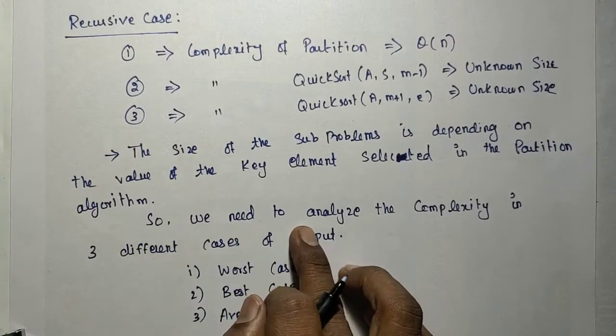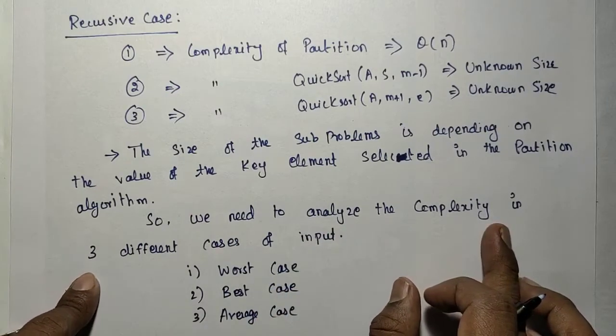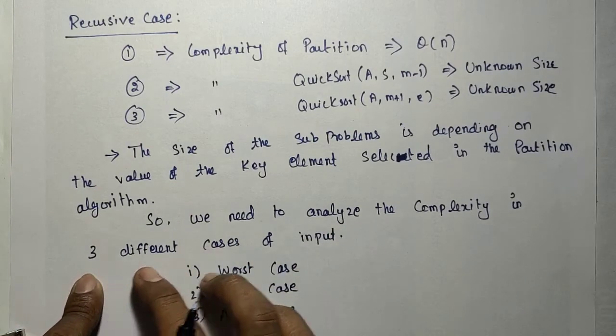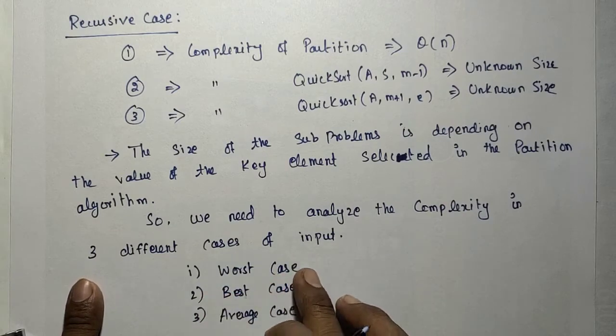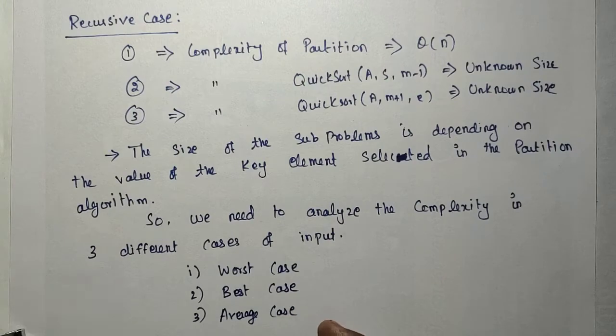We need to analyze the complexity of this quicksort algorithm for these 3 cases: worst case, best case, and average case input. Finally, we have to prove that the average case is nearly equivalent to the best case or the worst case. So we will see one by one.